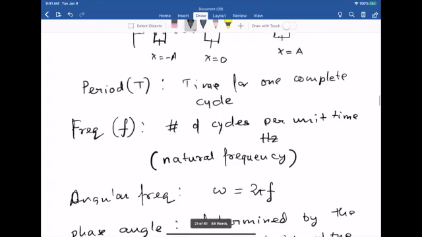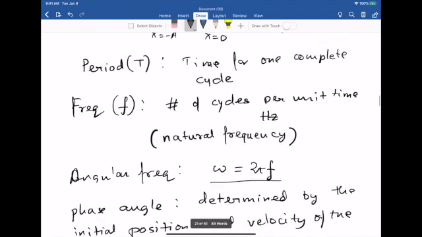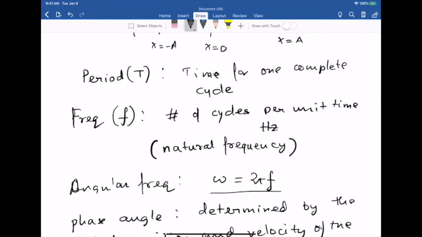Now, there is a relationship between omega and f, which we already talked about. It's right here. There is also a relationship between frequency and time period. So let's quickly review what time period and frequency are. I already told you what time period is. It's the time taken for one complete cycle, and frequency is the number of cycles per unit time. Can you figure out the relationship between them? It's really simple.